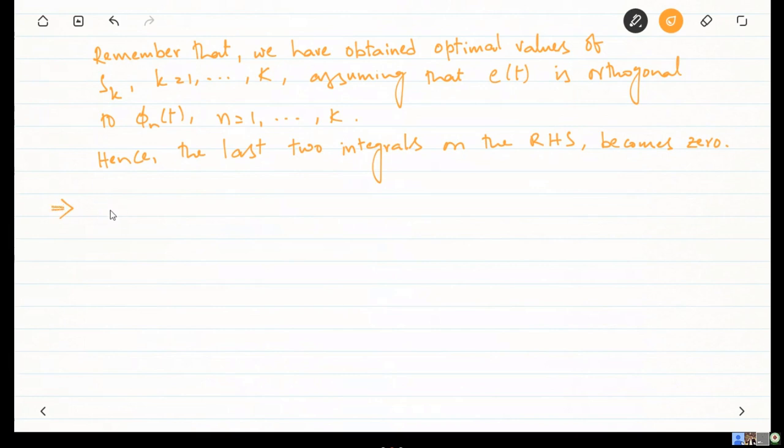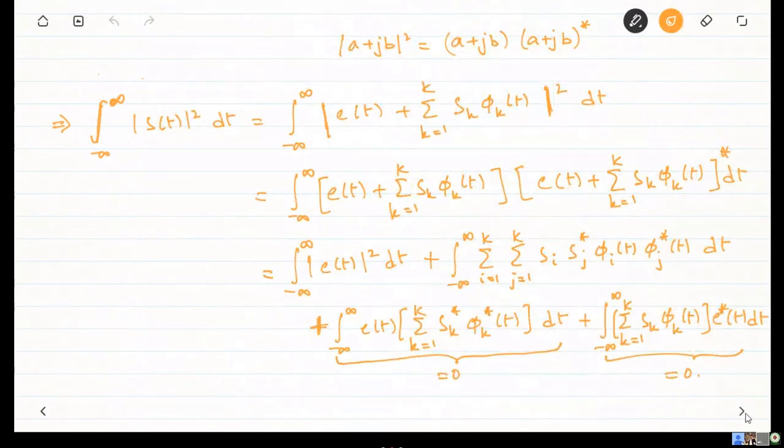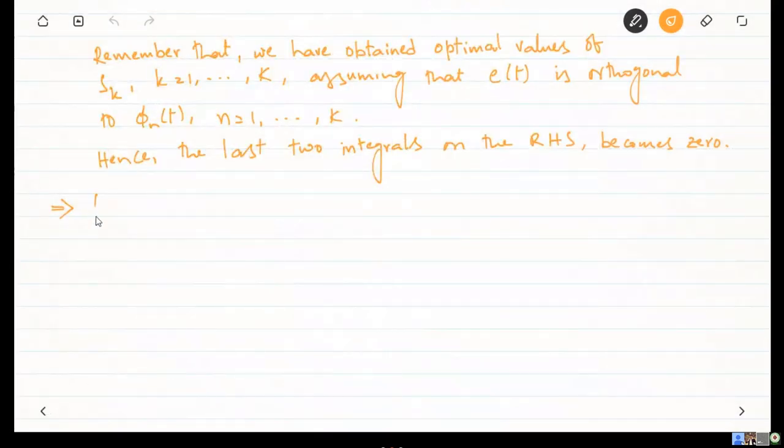So that implies the integral of s of t dt is equal to minus infinity to plus infinity dt plus what we should have here.